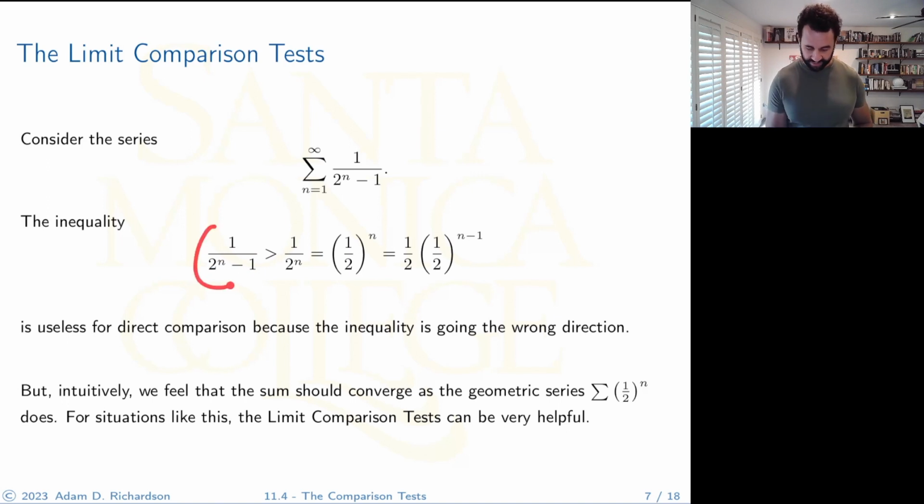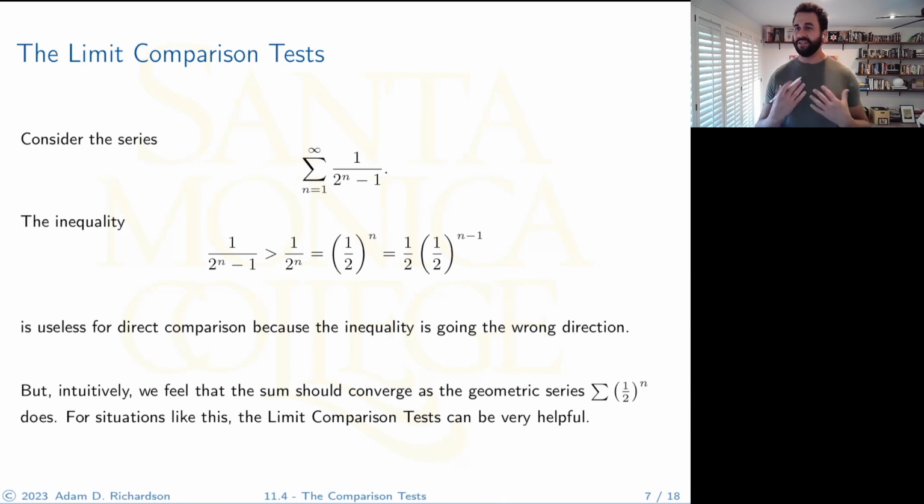All right, so you might think that you could do this comparison and say, oh, let's compare it with that geometric series. But that comparison is actually useless because the direction of the inequality is the wrong direction. These terms are greater than the terms of a series that we know converges.